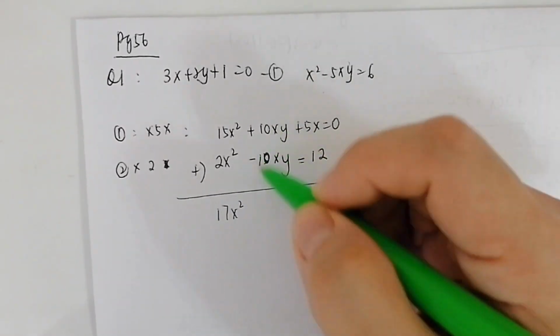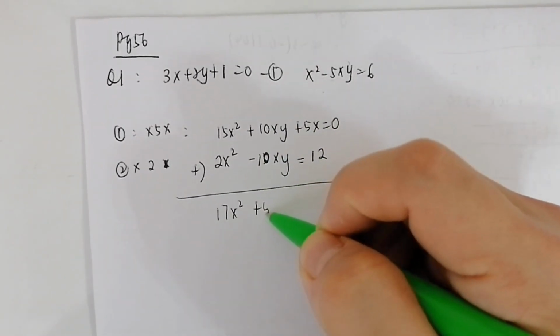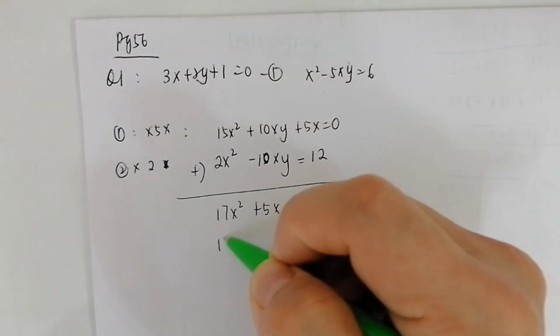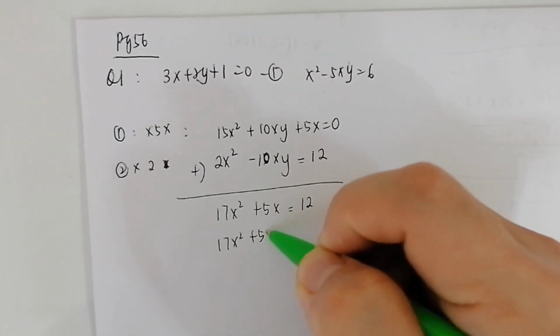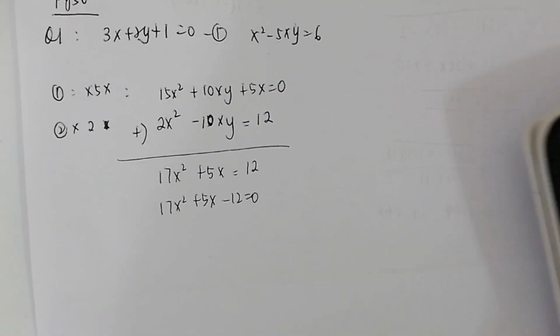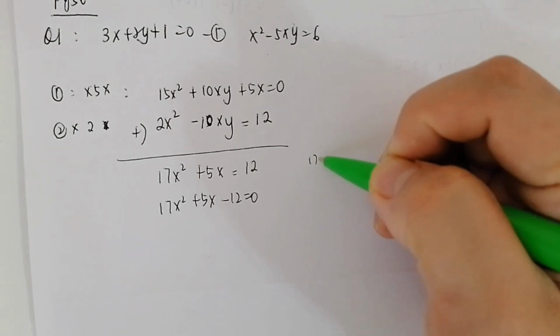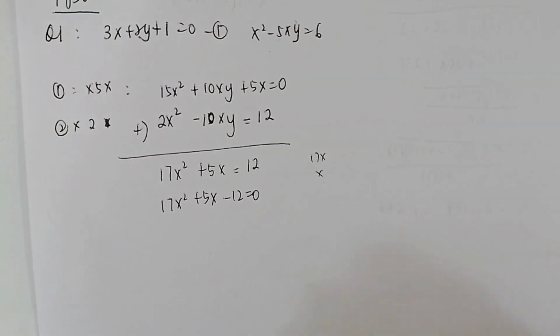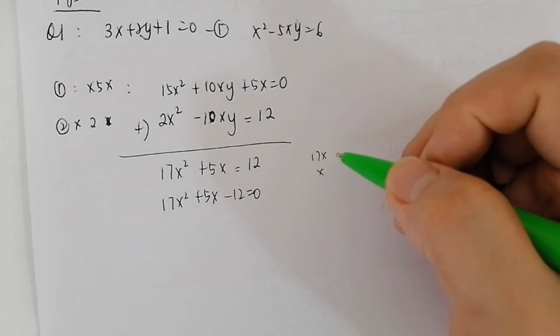Here you are going to get 0, while here you still have plus 5x, and behind here you are going to have 12. So when you rearrange the whole thing, you are going to get this equal to 0 in general form. Alright, so here actually 17x times x, you are going to get 17x squared. While another one 12.